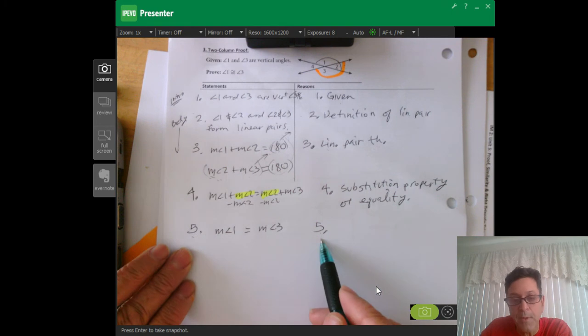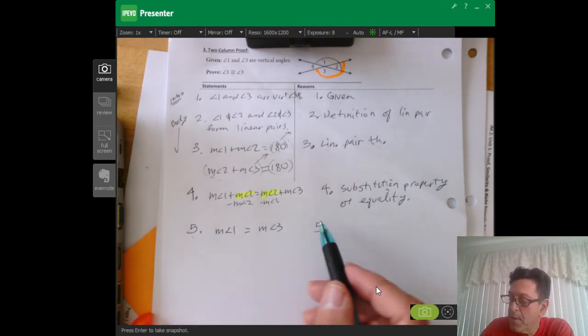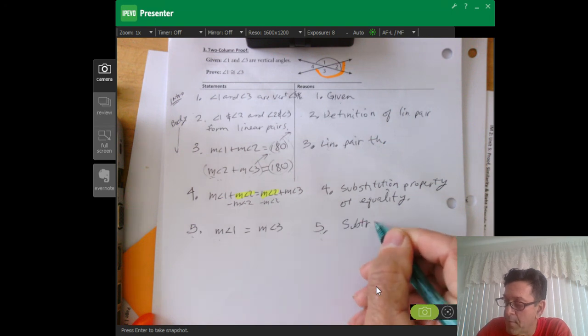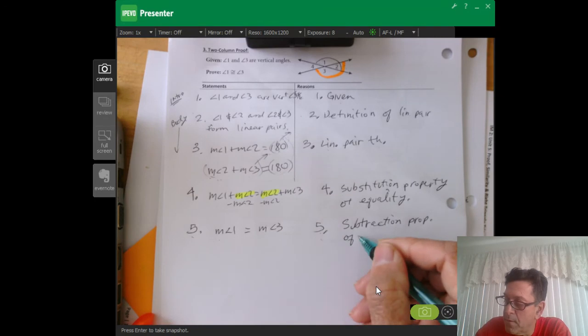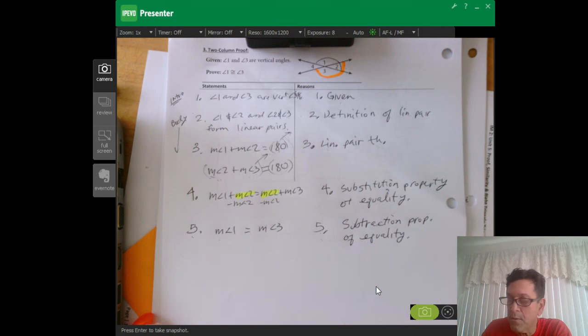And it needs to be the same. We need to be able to see very easily what it matches up with. What did we do? We subtracted. So that's our subtraction property of equality.